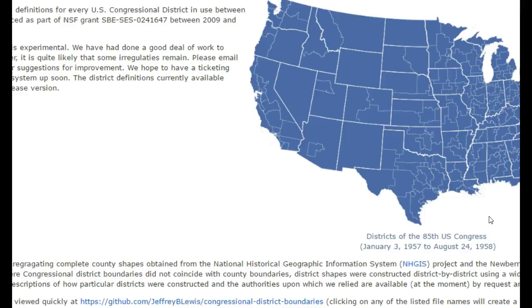And the maps, if you'll notice, for the past 50 years really were very similar. The maps didn't change very much at all, even though, you know, millions and millions of people were moving into large cities.